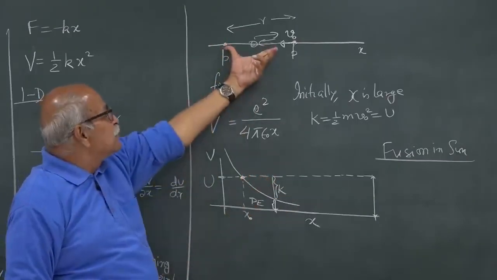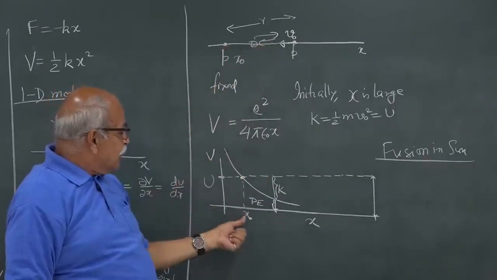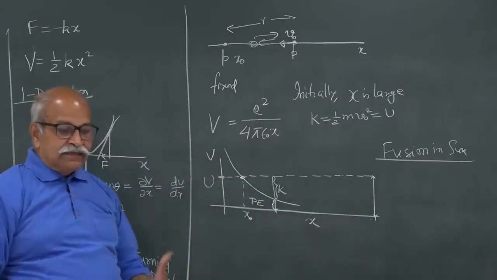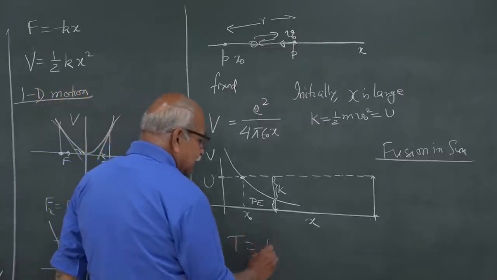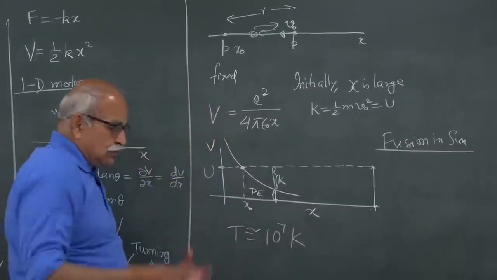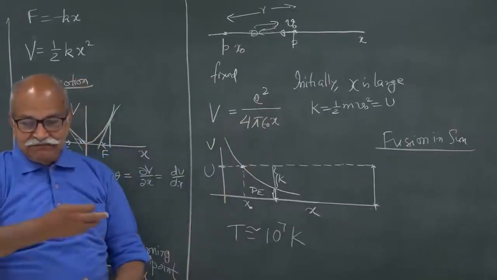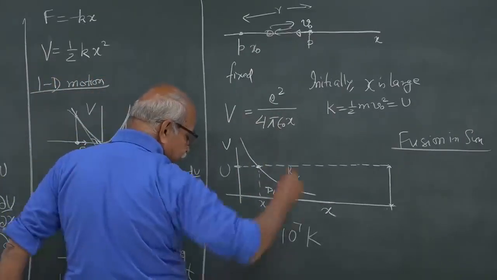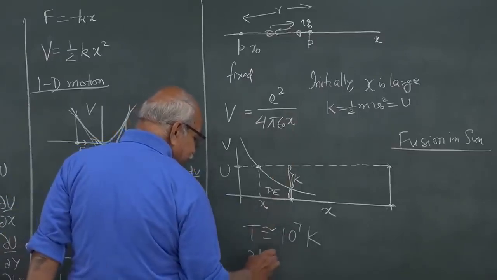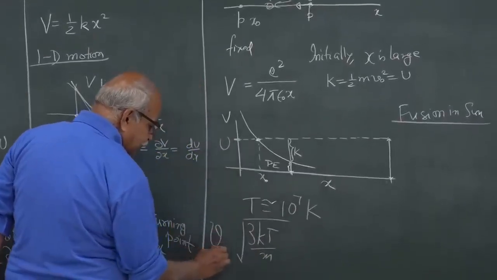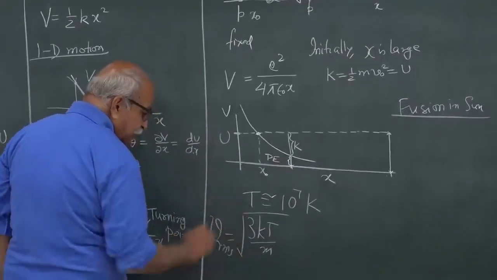The separation between the protons will have a value x naught, which will depend on the initial kinetic energy. Now, in the sun the temperature is some 10 to the power 7 Kelvin or so, of that order, and you can assume that all the protons are moving with some thermal energies, the random motion, 3kT by m square root, that is the RMS value of the speed.